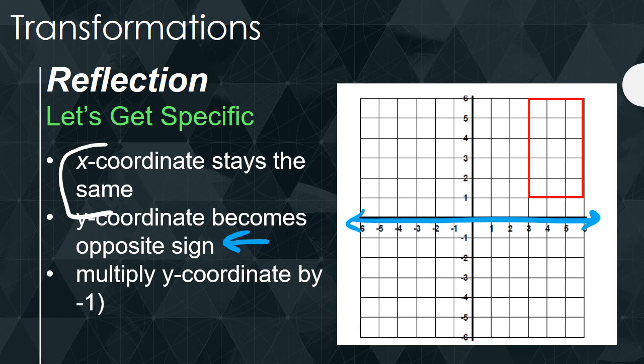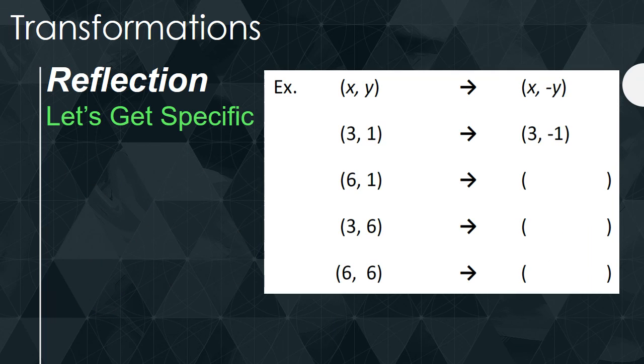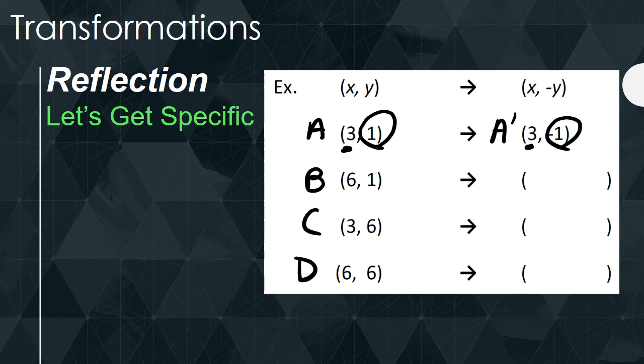In order to get the opposite sign, we're just going to multiply the y-coordinate by -1. So the math for this, we have our points A, B, C, and D. To get to A prime, you can see that our x-coordinate stays the same, but our y-coordinate is what changes. So we just make it the opposite, or we multiply by -1.